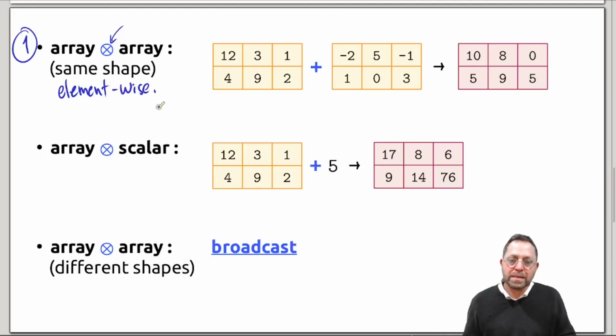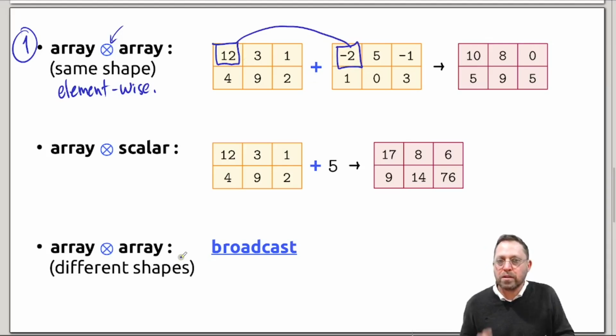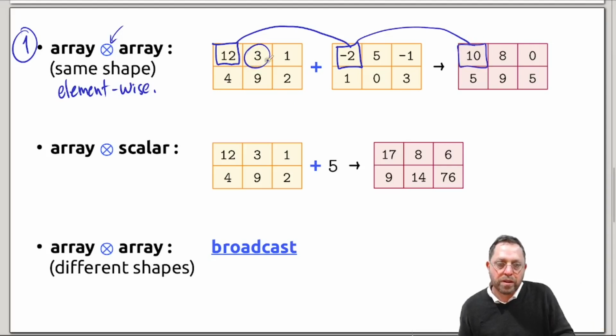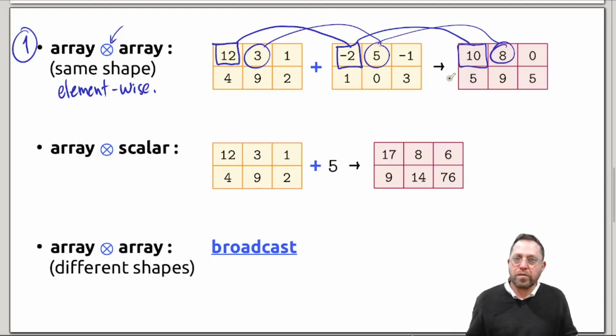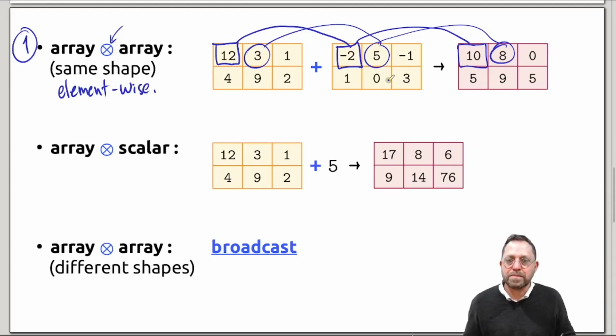What that means is that it's going to take corresponding elements in the two arrays, so the 0,0th with the 0,0th, and it's going to do the operation on those two scalars, so 12 minus 2, and that's going to be the result in the 0,0th position of the result. Then we could do the 0,1st, 3 plus 5, that gives us 8, and so forth. So you see, we'll end up in this case with an array that's of the same shape as the two arrays that were involved in the operation.